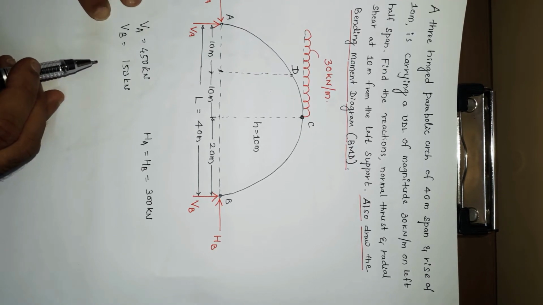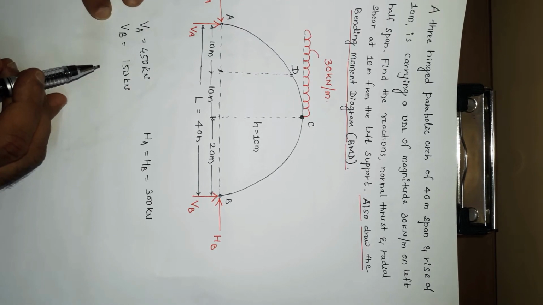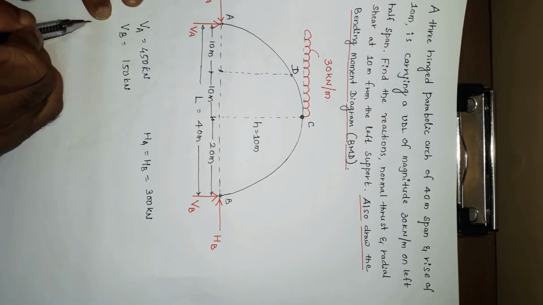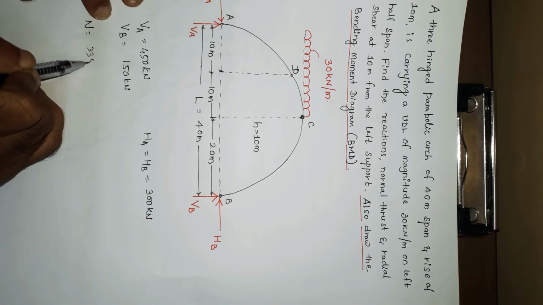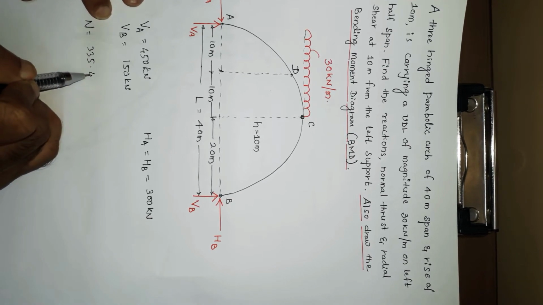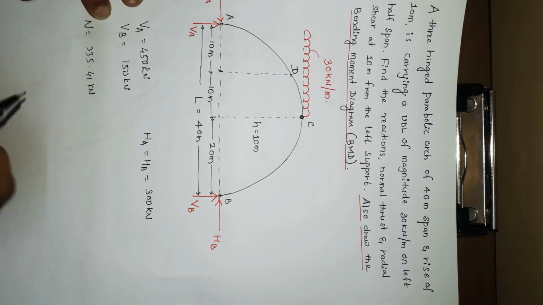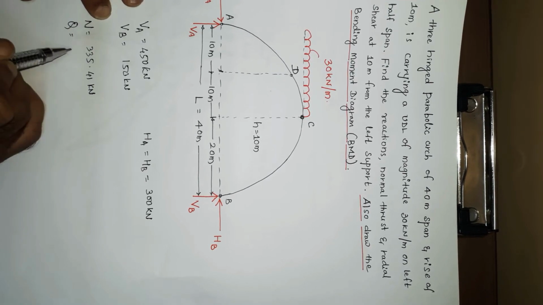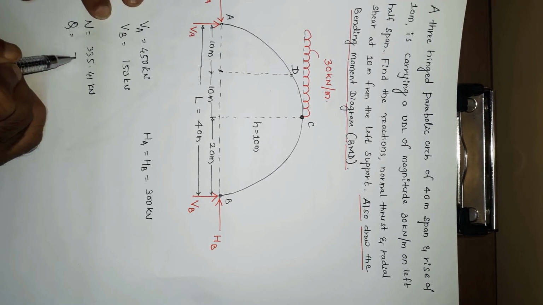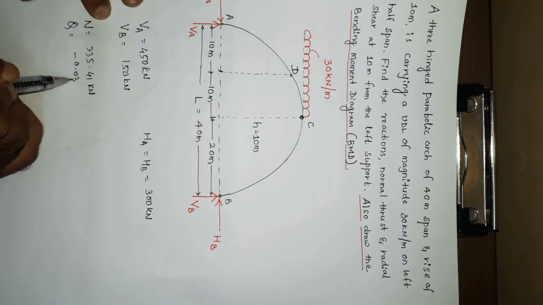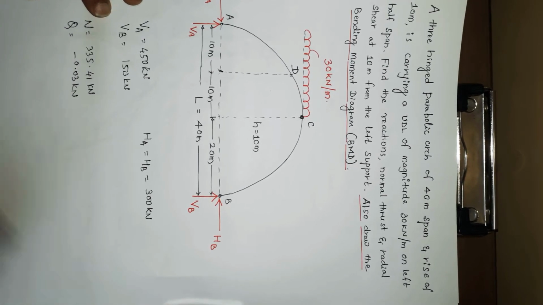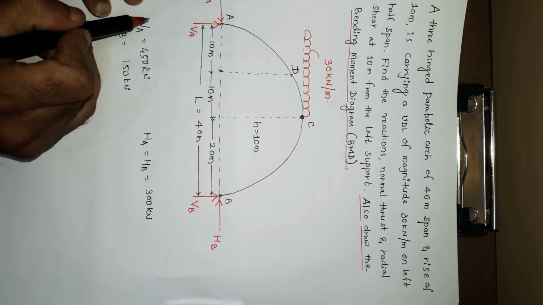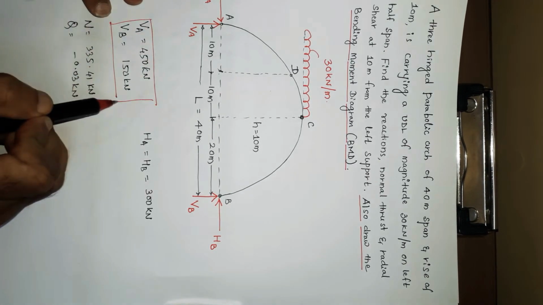Now directly I'll write normal thrust N is equal to 335.41 kilonewton, and radial shear Q is equal to minus 0.03 kilonewton. So these are the values. We already know how to calculate these values.